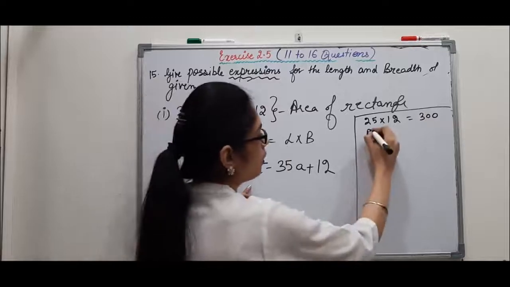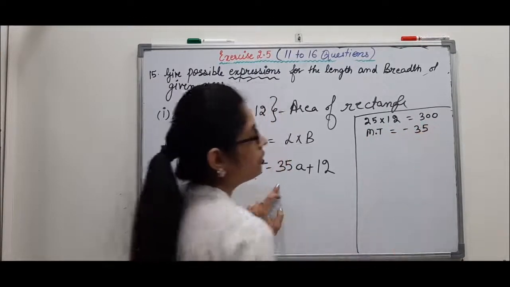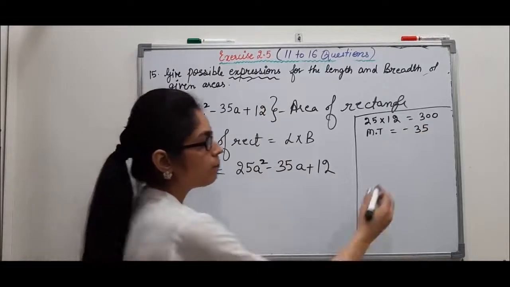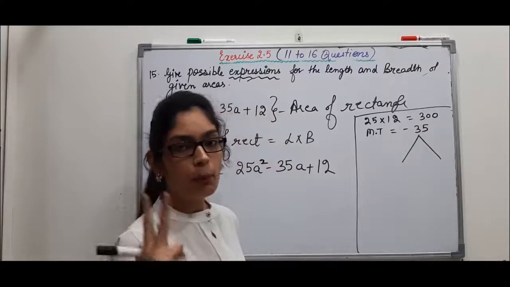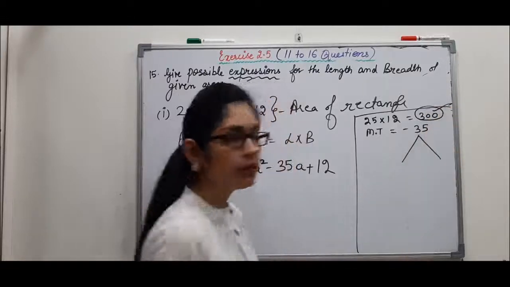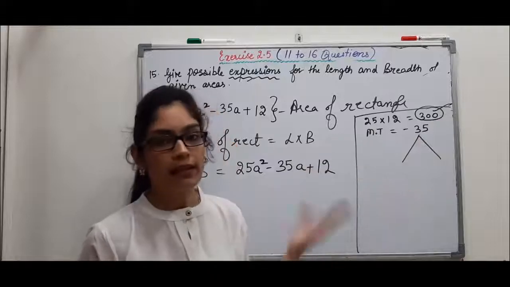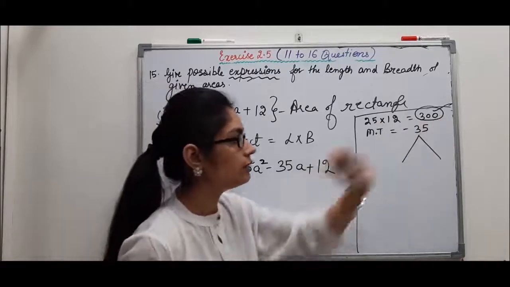The middle term is minus 35. Now minus 35 I have to split into two numbers such that the product of those two numbers is equal to 300, and the addition or subtraction of those two numbers is equal to minus 35.